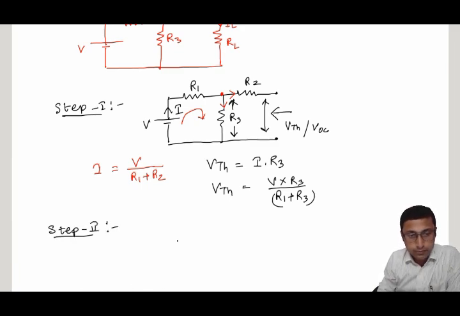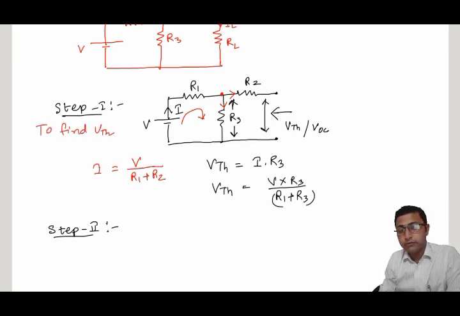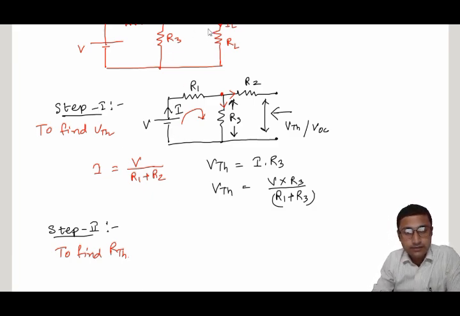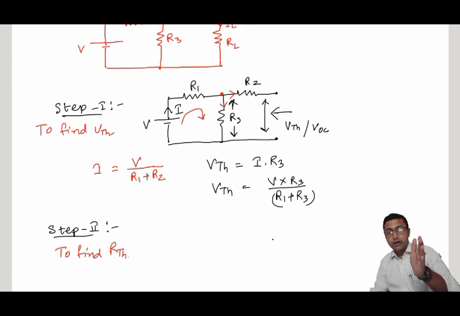So your step 1 is to find the Thevenin equivalent voltage, and your step 2 is to find RTH, that is the Thevenin equivalent resistance. To measure RTH, first you have to replace the voltage source with its internal resistance.